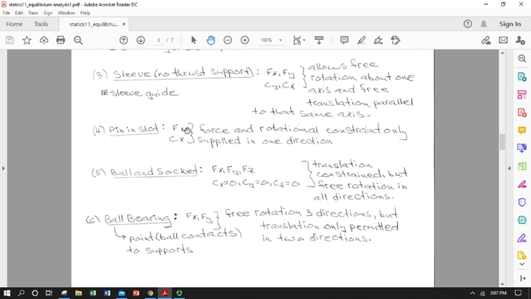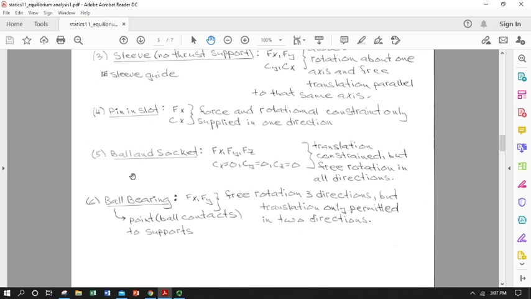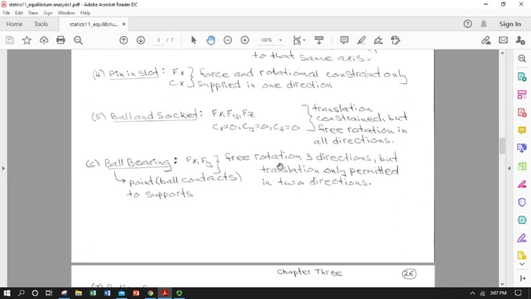A pin in a slot can move freely in two directions and can rotate in two directions. There's only one direction where it can't move. Ball and socket, forces applied in all directions, no moments. It can twist, it can flex, and twist in all three directions.